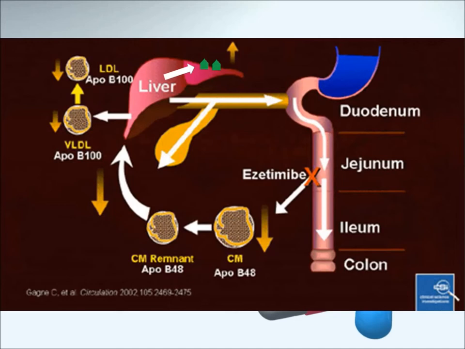So you're simply not getting the chylomicrons made at the gut in the same number, and therefore the liver is not receiving the same number of chylomicron remnants. So LDL is dropped.